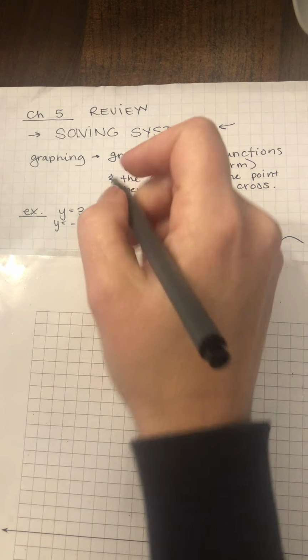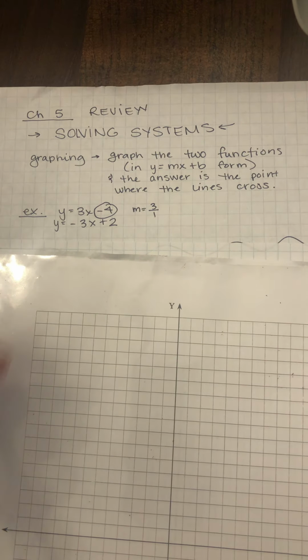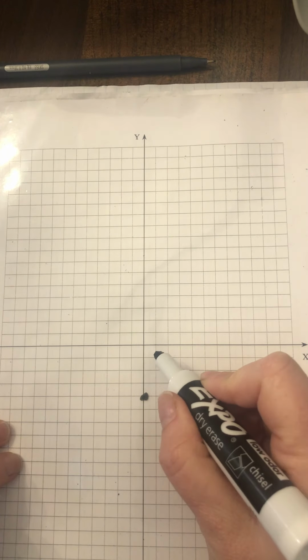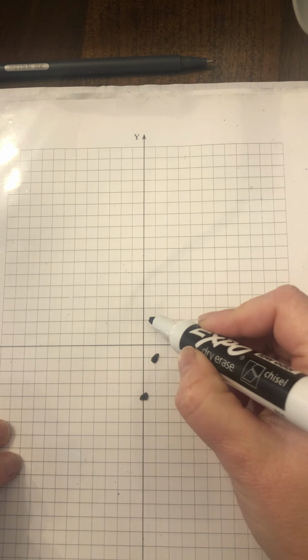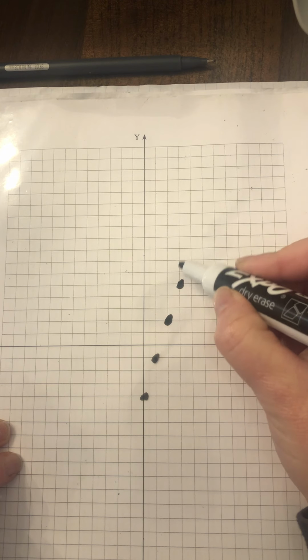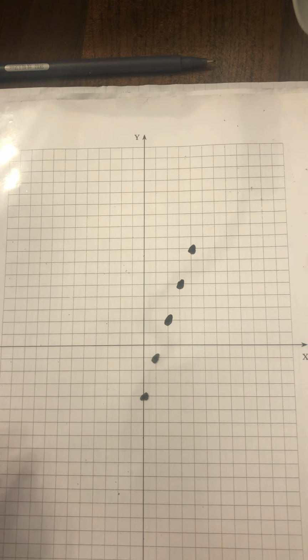So for this first one, the slope is +3, and we're going to put it over 1 so that it has a rise over run. So from here, I'm going to go up 3 and over 1. Up 3, over 1, and continue until I have a good amount of dots to make a nice straight line.